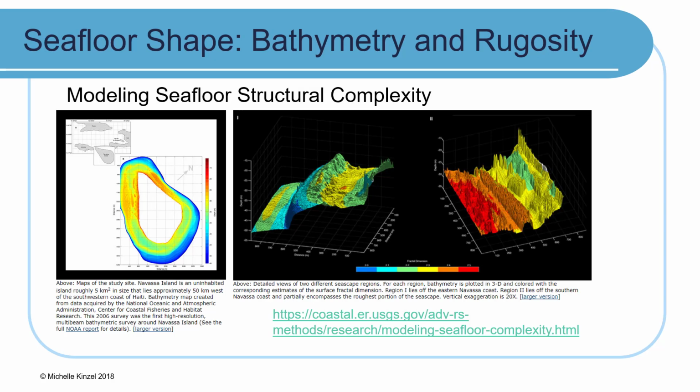So on the right is a side view plotted in 3D of the different shapes that are found on a seafloor off the Navassa coast. And so you can see not only the general height, but also the bumpiness or the rugosity of this area.